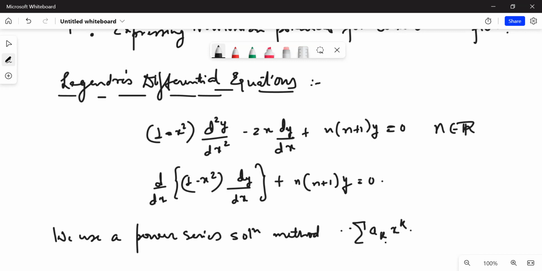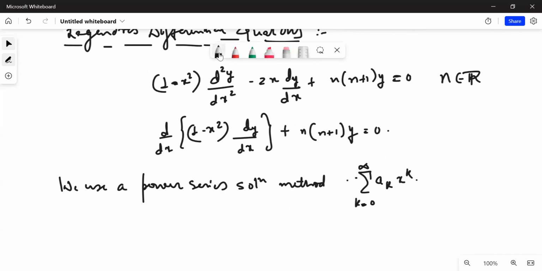This is how we assume one of the solutions. And when we solve this differential equation, we get one of the linearly independent solutions of the above differential equation.